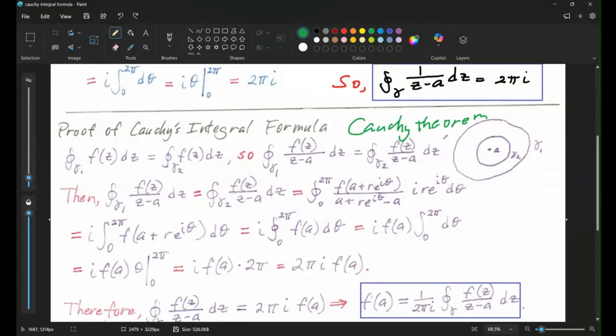But Cauchy's theorem says that the integral over gamma 1 is equal to the integral over gamma 2, whether or not there's a singularity in the middle, but we're making a singularity here.